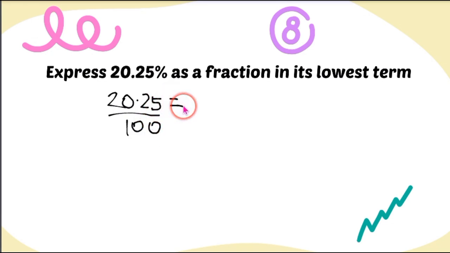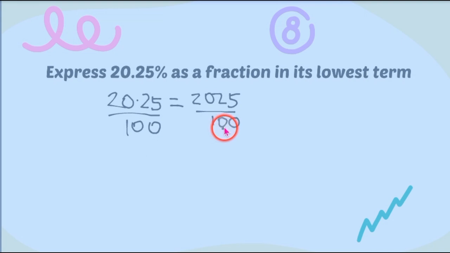Okay, so to the lowest term, you cannot divide this, right? So what you will do in this case is first turn the numerator into a fraction, which would be 2025 divided by 100. This 100 here is not this one.